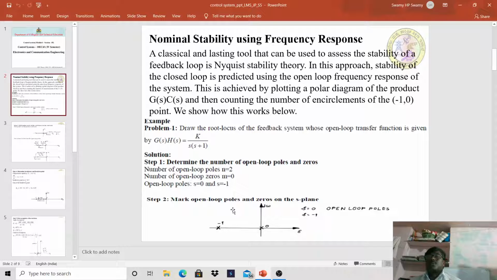In this approach, stability of the closed loop is predicted or calculated using the open loop frequency response of the system.